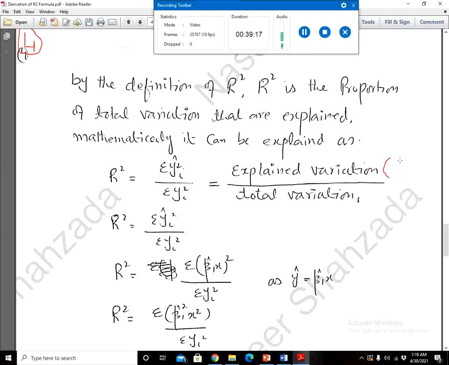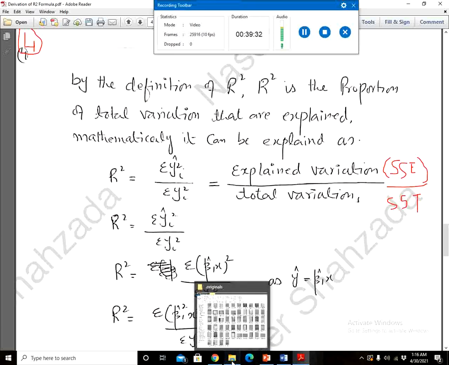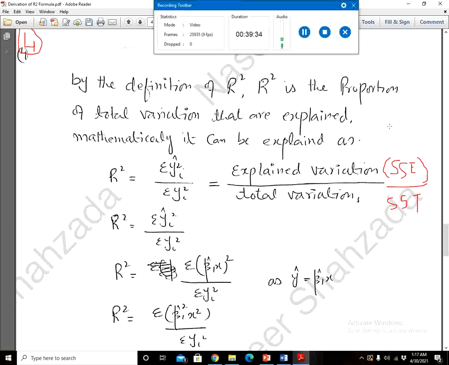We can write it as the sum of square of explained variation divided by the sum of square of total variation, so r square is equal to the sum of square of explained variation divided by the sum of square of total variation.